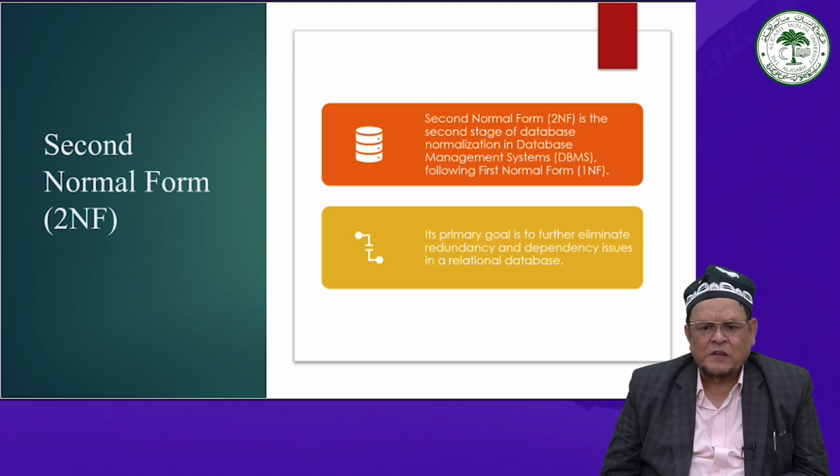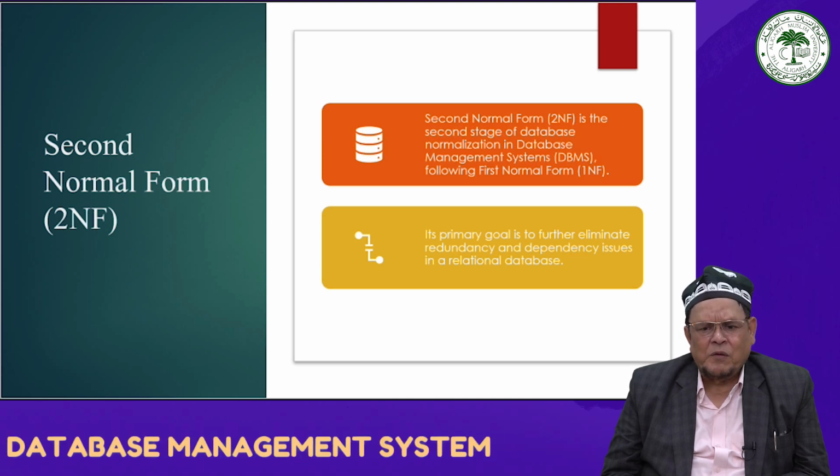dependencies. In second normal form, every non-prime attribute, that is, attributes that are not part of the primary key, must be fully functionally dependent on the entire primary key. This means that each non-prime attribute must depend on the entire primary key, not just a part of it.